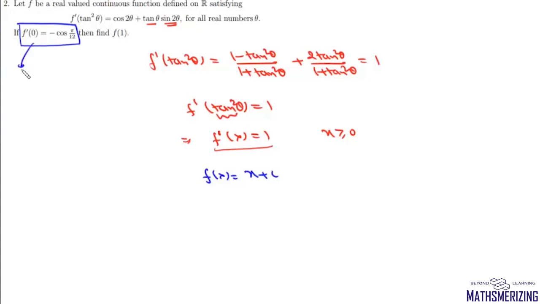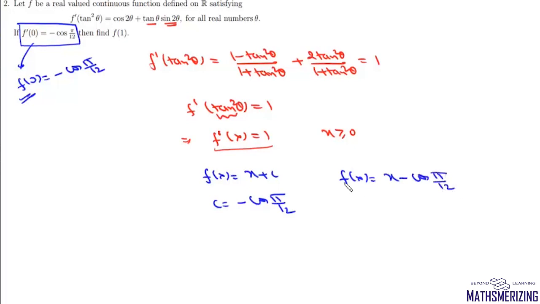But actually the question should have been f0 equals minus cos pi by 12. So we'll take this correction. Then if we put the value of x as 0, we'll get c as minus cos pi by 12. So in that case, we can write this function f x as x minus cos pi by 12.